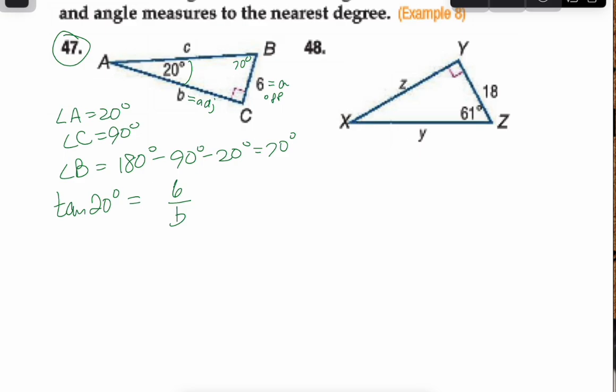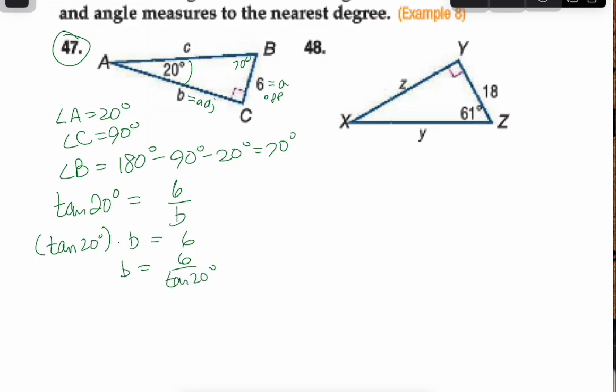Algebraically, whatever's in our denominator, cross that over. So this would be the tangent of 20 times b would equal 6. Now we need to get b by itself, so just divide through by the tangent of 20. So b would be 6 divided by the tangent of 20.